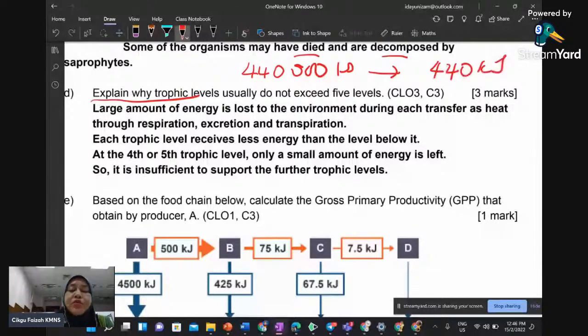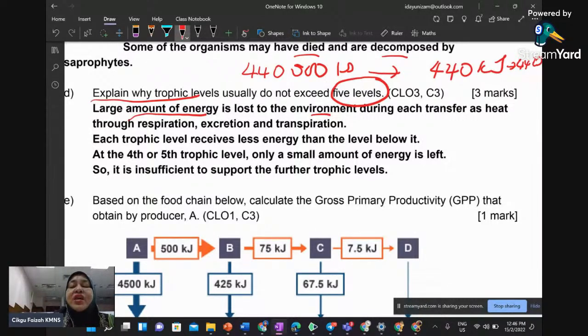So what if there is another trophic level, the sixth? It would have 44 kilojoule, which is so little energy to perform life. That's why the highest trophic level is usually 5 levels. Why? Because with every change of trophic level, a large amount of energy is lost to the environment.